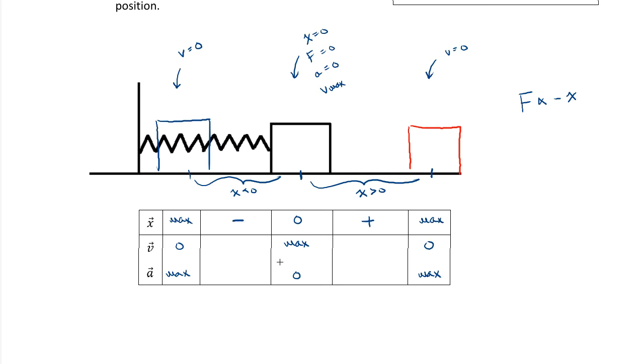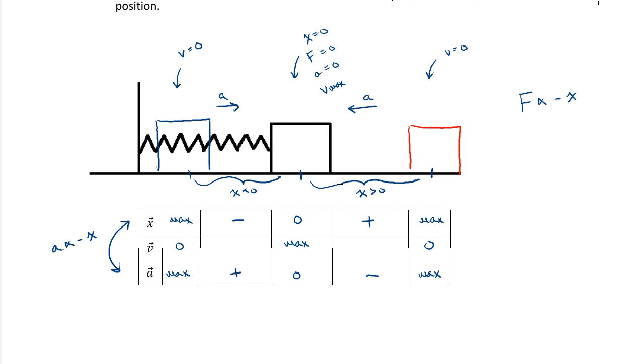Once you're to the right of the equilibrium, the force is going to be pulling you back in that direction, and so acceleration is going to be leftwards. So if you are displaced to the right of the equilibrium, acceleration is left, and if you're displaced to the left of the equilibrium, then acceleration is pointed to the right, as the force is. Again, remember that the acceleration is proportional to the negative of the displacement, so the signs of these two are always going to be opposite.